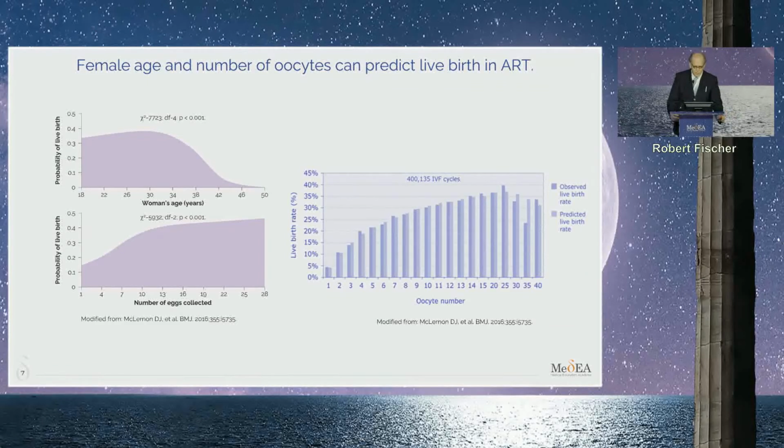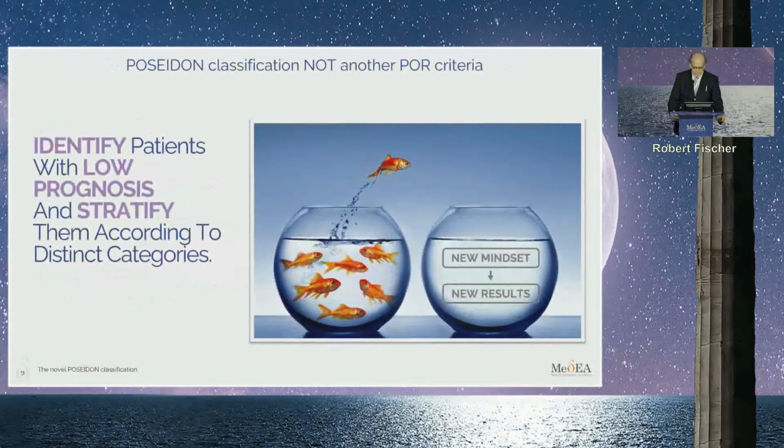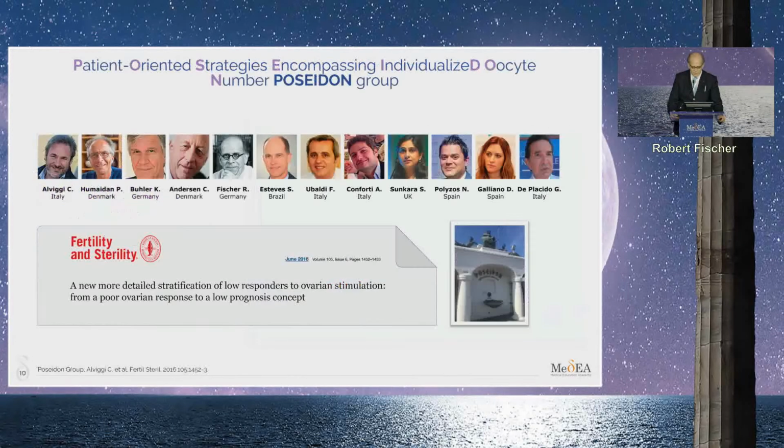Also, another paper showed that female age and the number of the oocytes can indeed predict live birth rate. And you have seen this already, of course. The criteria we are talking about now is not another poor ovarian response criteria, but a different mindset and looking at different results to try to stratify our patients, but especially the management of the treatment of this subgroup of patients that we are looking at.